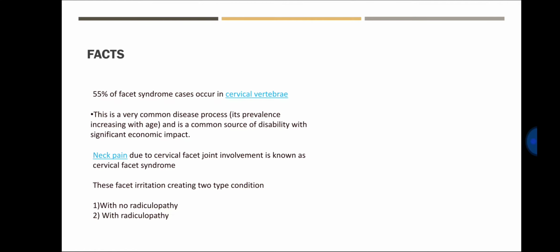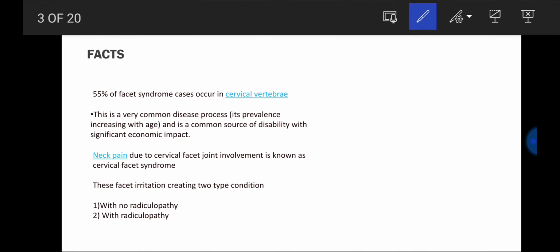So this is the overview. What are some more facts about this facet joint? 55% of facet syndrome cases occur in the cervical vertebra. This is a very common disease process.